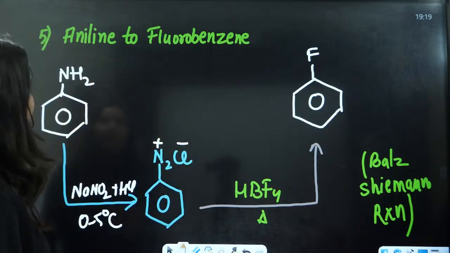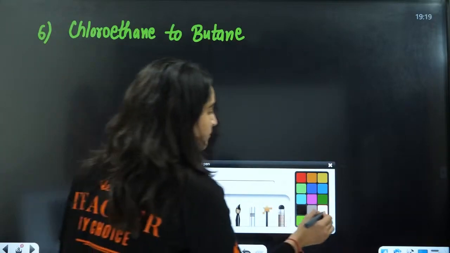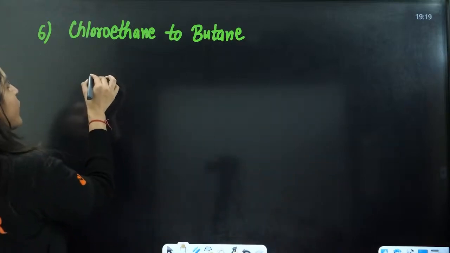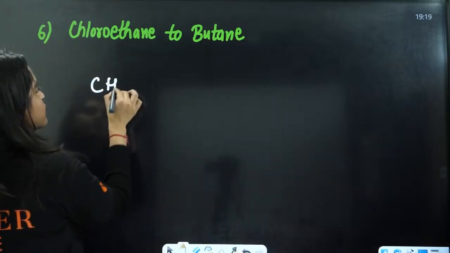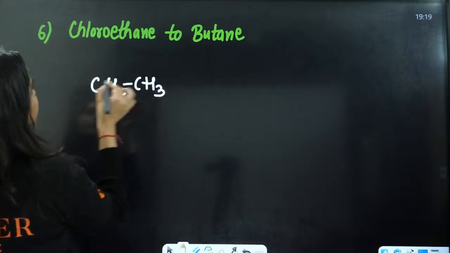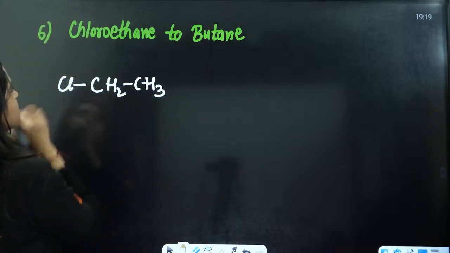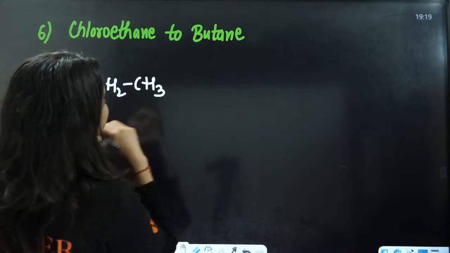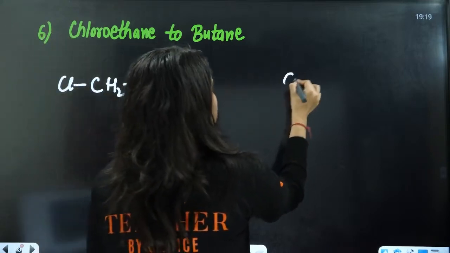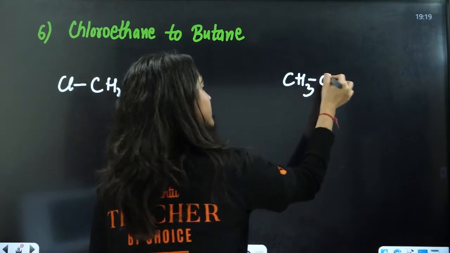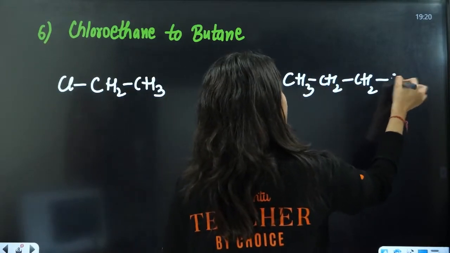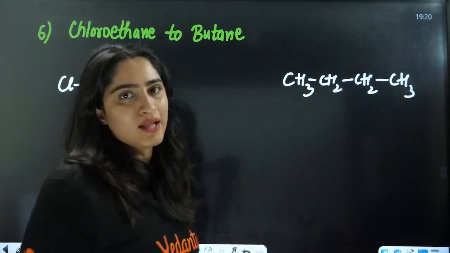Perfect? Next is chloroethane. You have CH3, CH2, this is Cl, right? This is chloroethane. Next is butane, CH3, CH2, CH2, CH3. Always remember one thing.